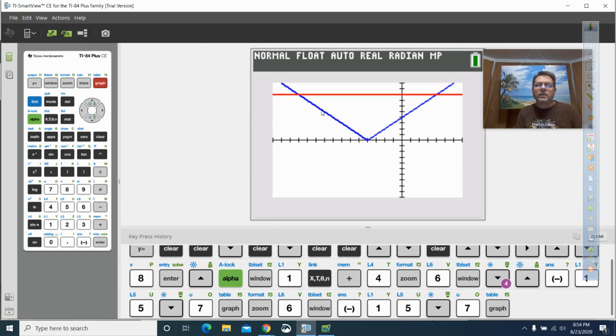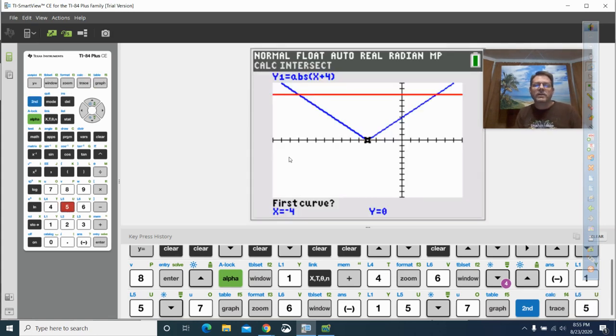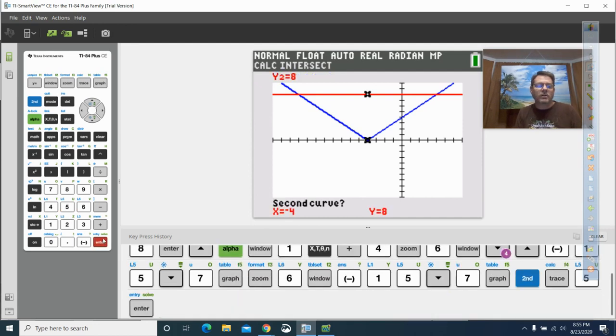Now I want to calculate these intersecting points. So I'm going to hit second, calc, number 5 for intersect. And for the first one, we're just going to hit enter, second curve, enter, guess. Yes, we do. And it shows that that one was the closest one. All right, that's fine. So there's our x equals 4. Okay, so let's do it again.